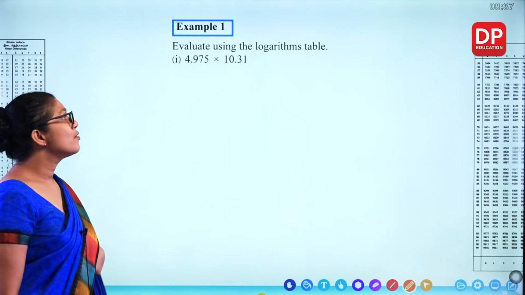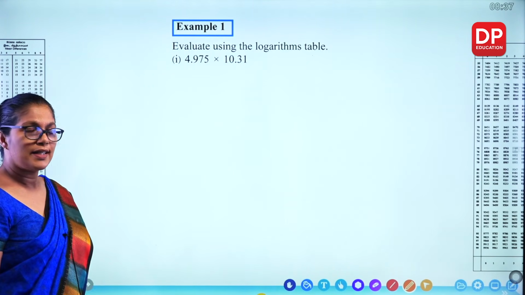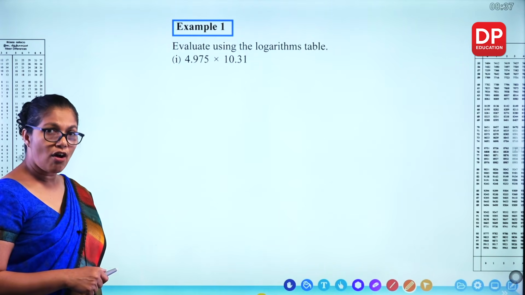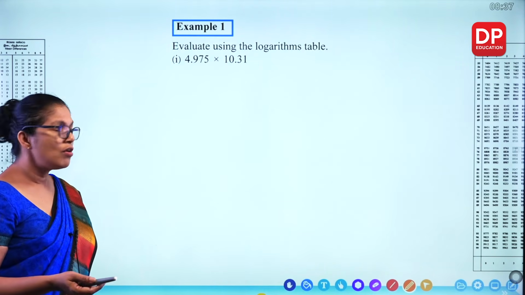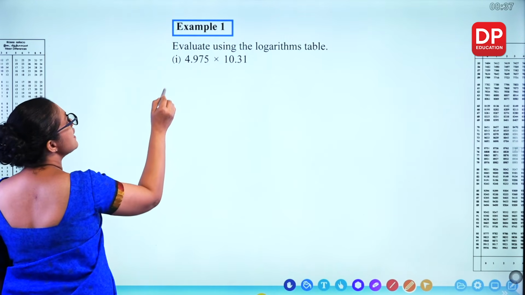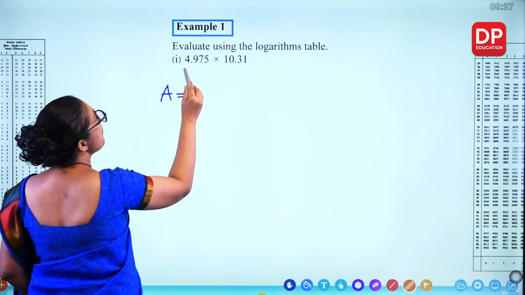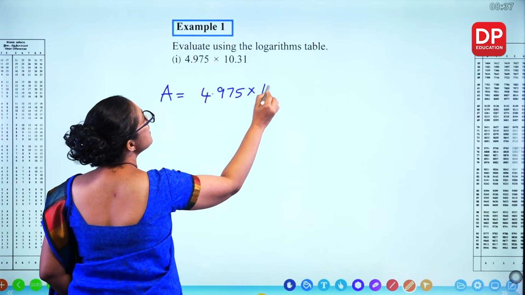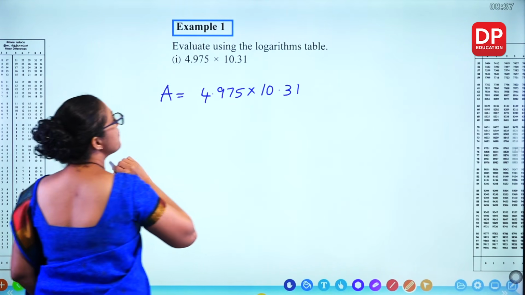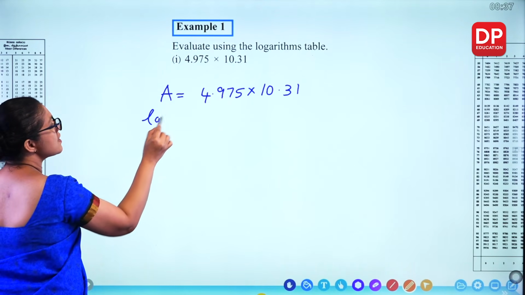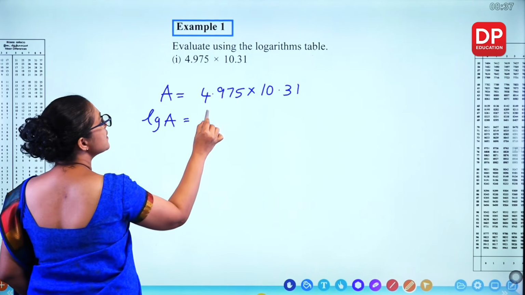Example 1 in your textbook, evaluate using the logarithm table. Now you get multiplication. So how we can solve this using log tables? You have to convert to logarithmic value. So we'll take this one as a letter A, 4.975 multiplied by 10.31. So when you take log both sides, what happens?